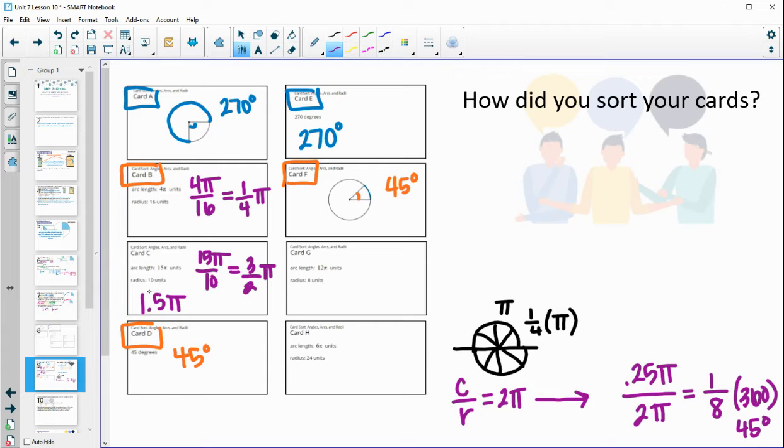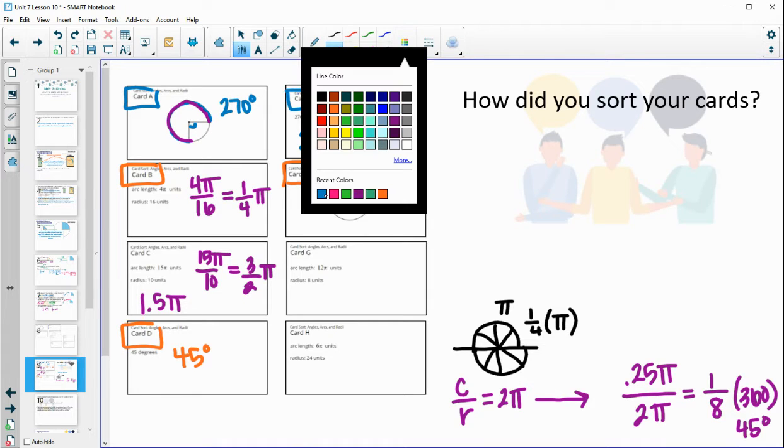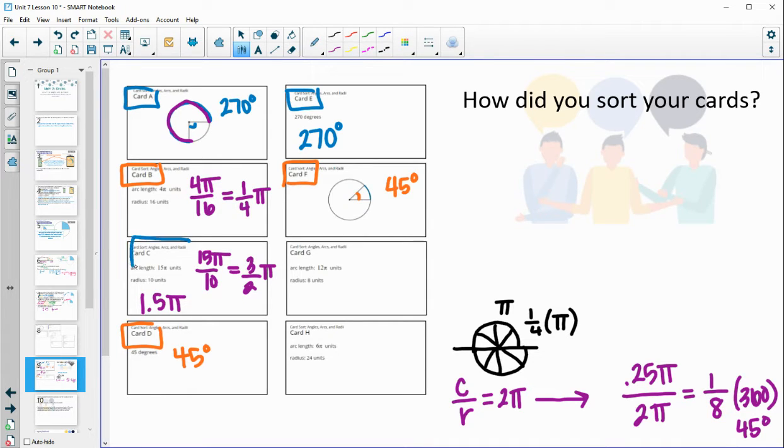Well, 1.5 is very similar to this 270 if we think of this as 1, 2, 3, 4 total halves to get all the way around. This is 3 of those halves, 1, 2, 3. So this one has a 270-degree central angle.